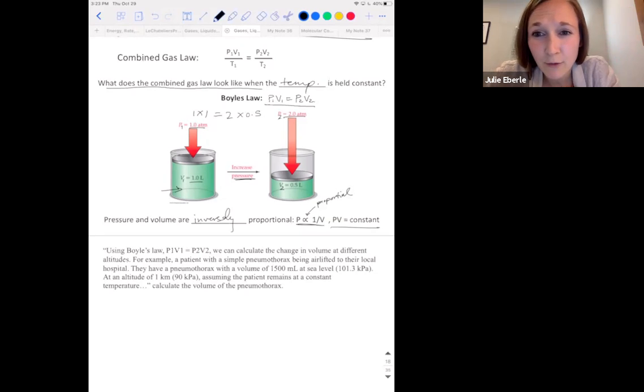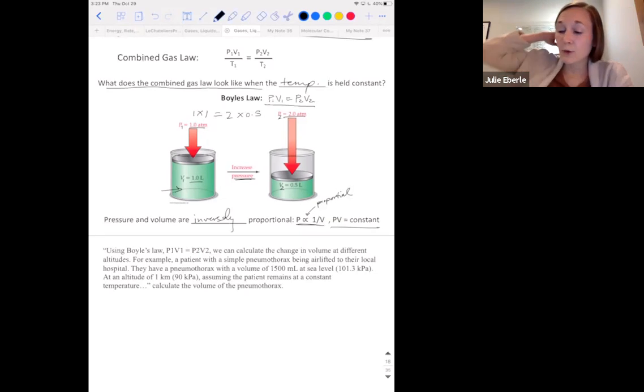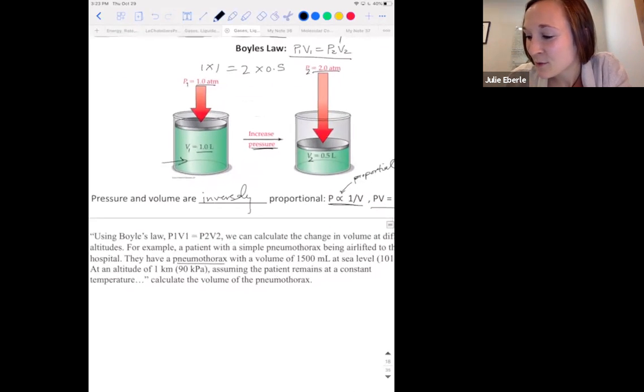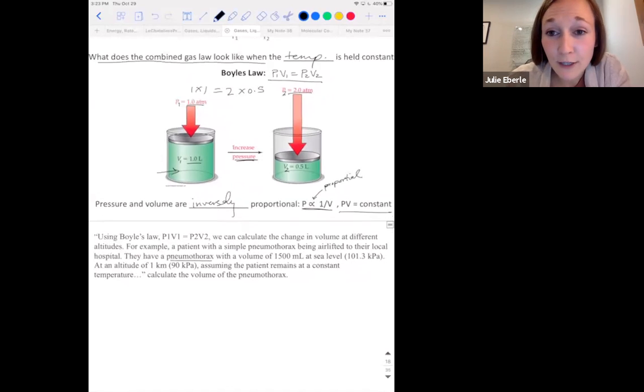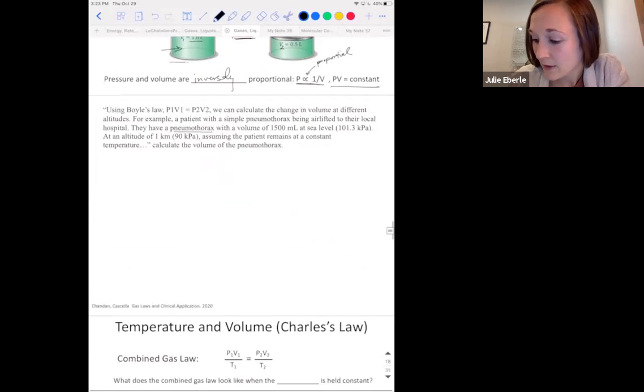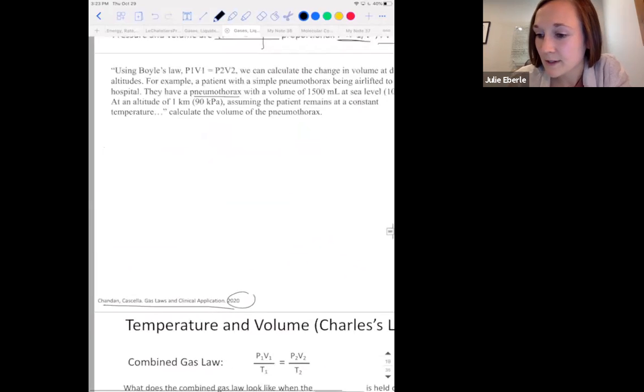When you have a cavity of air in there, I think it's called a pneumothorax. You nursing people, correct me if I'm pronouncing this wrong. Okay. And so we're going to read about this. This is literally a problem from this article down here. Okay, 2020, so very recent.